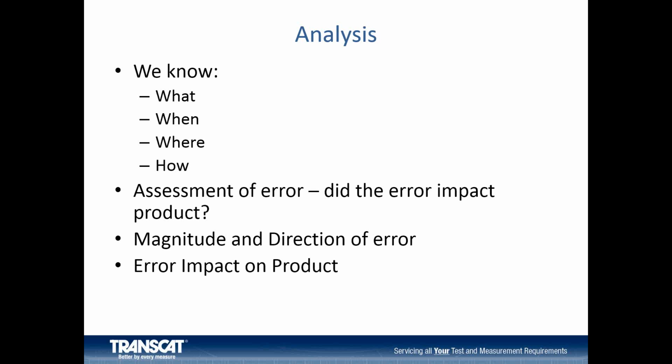Did the error impact products? You need to identify the magnitude and direction of the error and determine the error impact on any products. There are basically two questions. What's the error of the UUT, and did this error change any of our pass or fail criteria for our customer products?